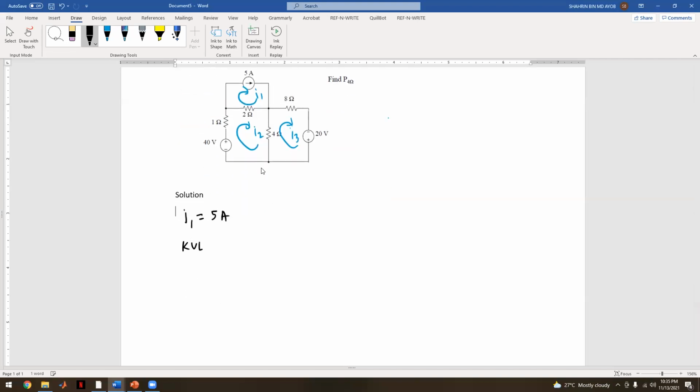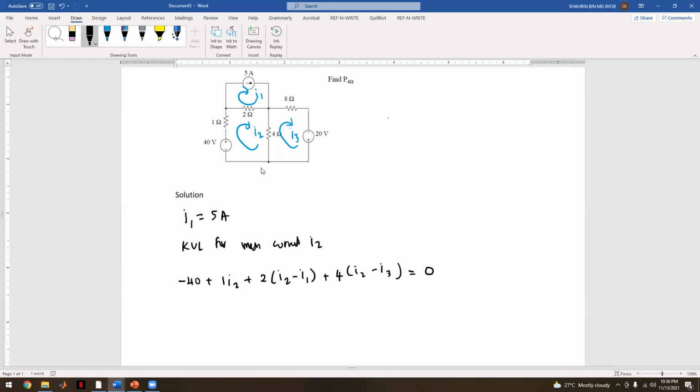So KVL for mesh current I2, you obtain negative 40 plus 1 I2 plus, right now 2 ohms, we have 2 mesh currents, which is I2 minus I1, and then another one is 4 ohm, also with 2 mesh currents, which is I2 minus I3, equal to 0.